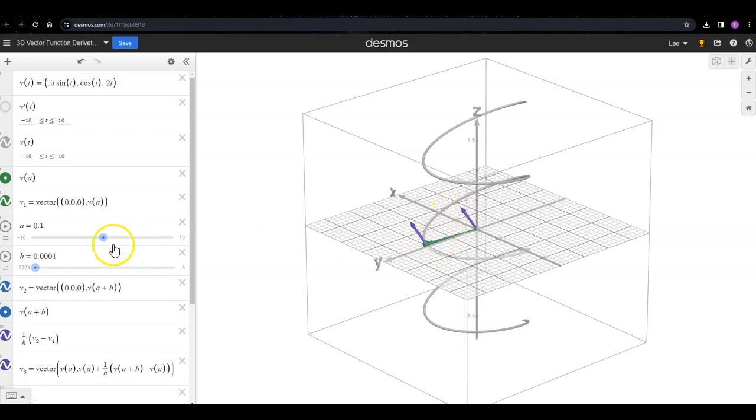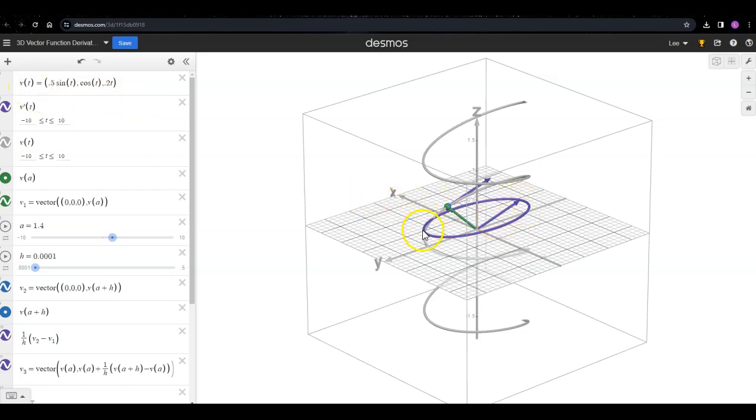And if I trace this around, so I'm going to move my a around, depending on what a I start with, it will give me a different vector. If I just trace out the head of this vector when the tail's at the origin, this is my vector function. So this is my derivative function of that v of t that I started with.